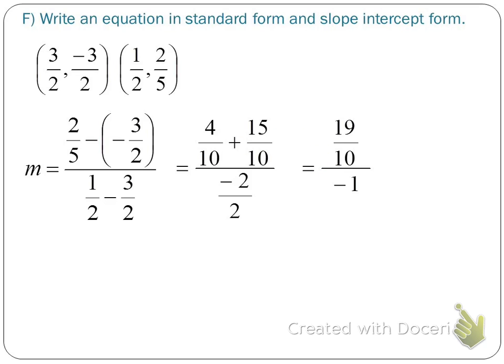Now, the only problem is the calculator is going to make this a mixed number for you. I don't want a mixed number. I need an improper fraction. So you have to hit the second fraction button again, and it makes it improper. Does everybody see that? Okay?